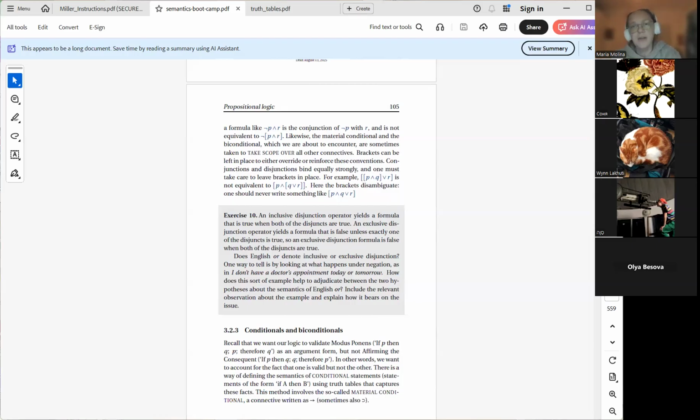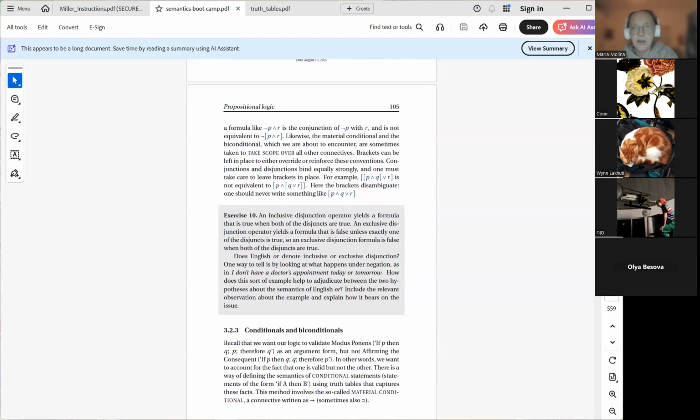Well, I think that we can draw a truth table for an inclusive or and an exclusive or.